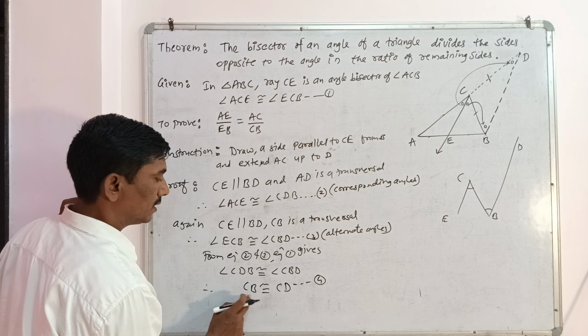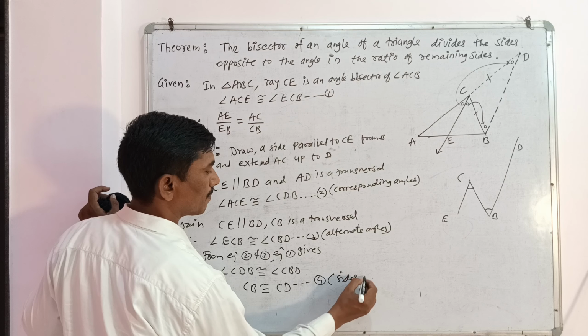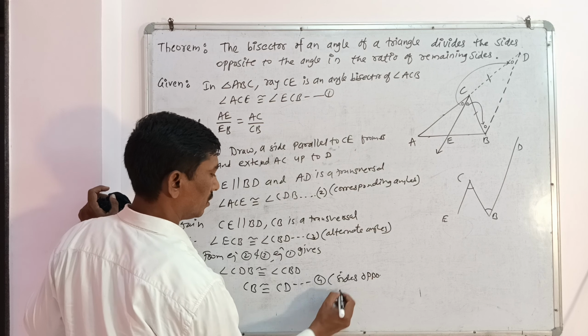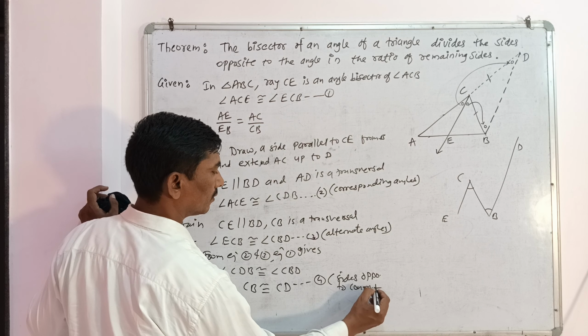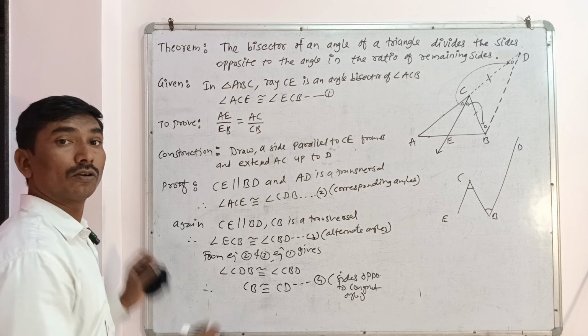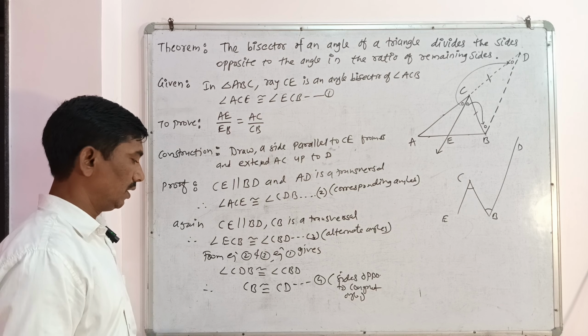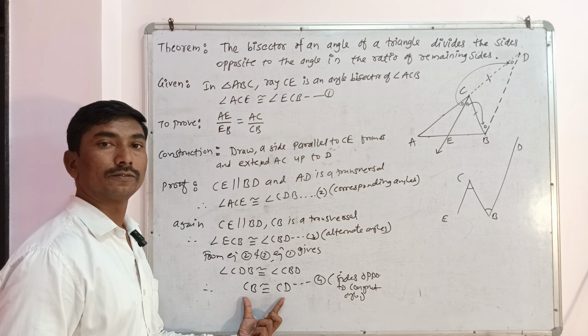I can say that sides opposite to congruent angles are congruent, isn't it? If these two angles are congruent, then their opposite sides must be congruent.